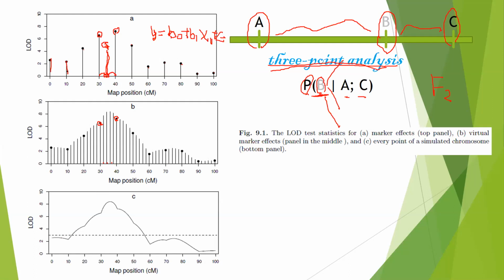This is a discrete plot; in the first graph we can only test the association between the markers and the phenotypes. That's not enough. If we want to do the GWAS, the genome-wide association study, or QTL mapping along the whole genome, we need to use some extended knowledge.